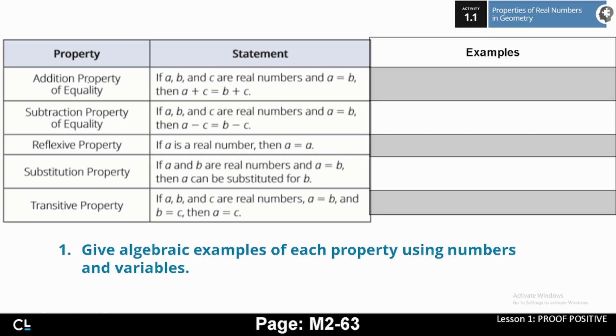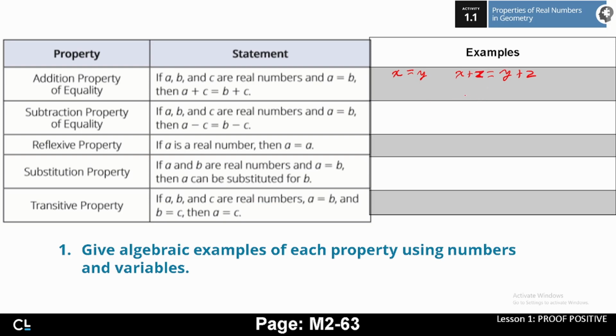So my addition property of equality, all this basically says is if A, B, and C are real numbers and A equals B, then A plus C equals B plus C, right? So what does this mean? You could do this with other variables. For instance, an example would be if we have X equals Y, we could then say that X plus Z equals Y plus Z.